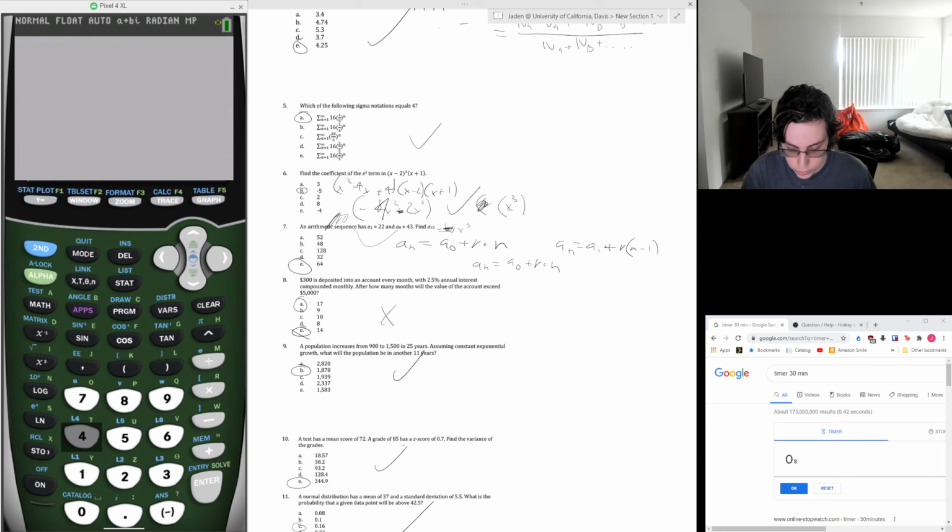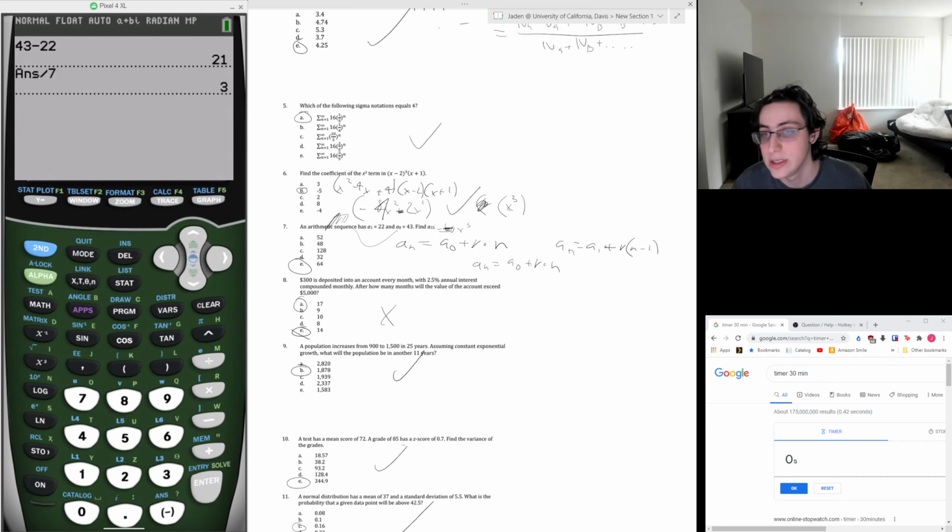So 43 minus 22 has a distance between them of 21. I see that the distance between A1 and A8 is 7 because 8 minus 1. That means that basically R was multiplied 7 times to get that. So I divide it by 7. So I find that R is equal to 3.